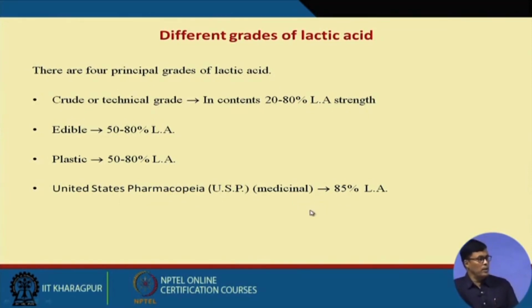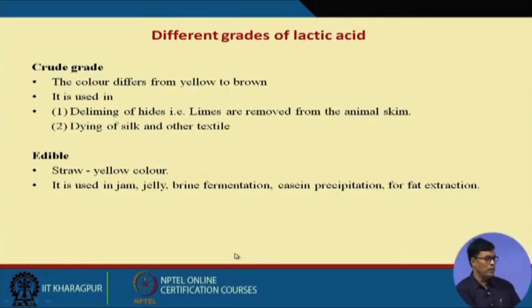So, different percentages of lactic acid are used for different purposes. Now, let us look at the different grades and their uses. For example, the crude grade is colored, varying from yellow to brown, and it is used in deliming hides, where limes are removed from animal skin.